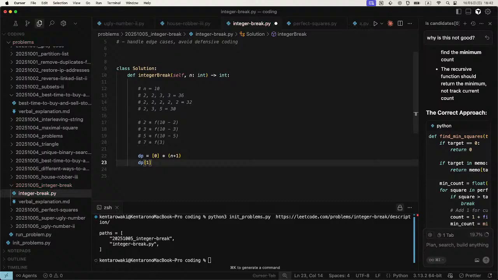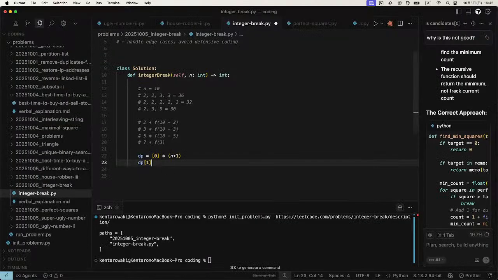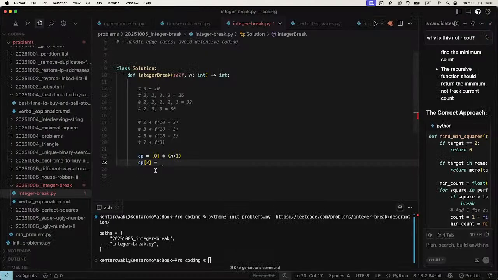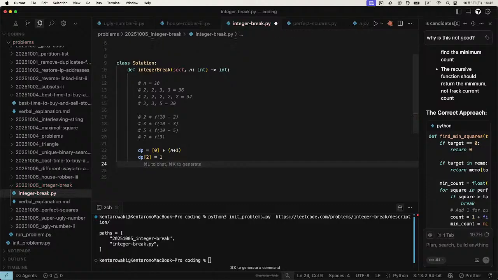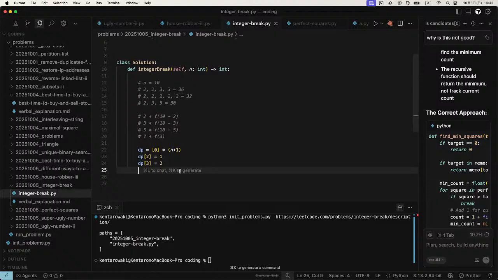We don't care about 0. But n starts with 2 because we have to divide it, so it starts with 2 and dp2 is 1 because it's divided into 1 and 1, so the product is 1. And dp3 is 2 obviously.